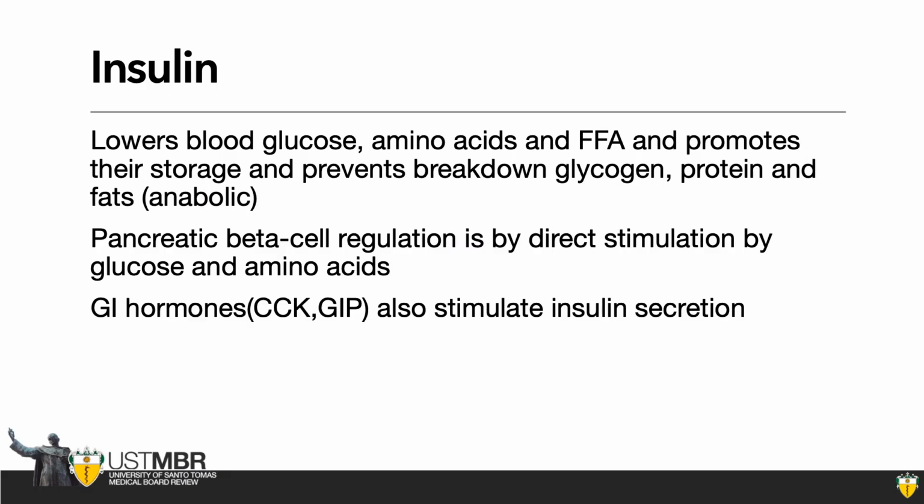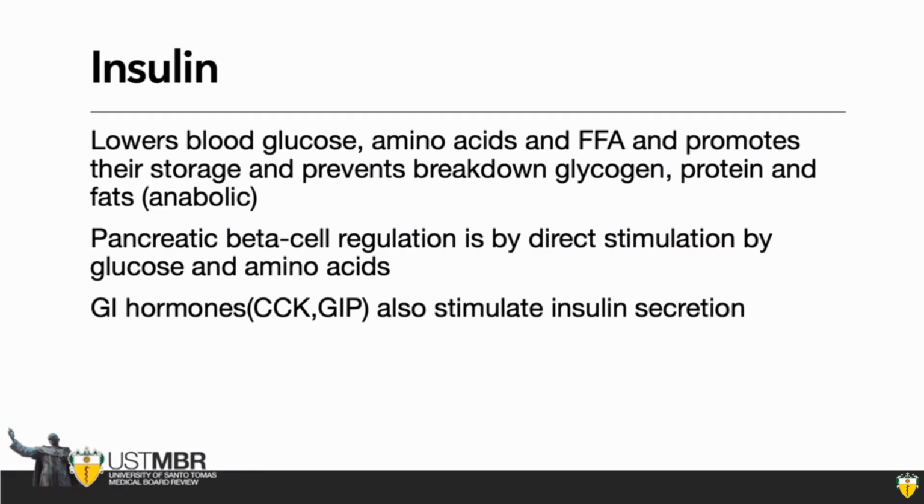Insulin primarily causes glucose to move intracellularly to be a source of energy. However, it also lowers amino acids and free fatty acids. So that's why in patients with insulin deficiency, type 1, type 2, there's increased circulating free fatty acids. Diabetes in general is not just a disease of carbohydrate metabolism, it's also a disease of protein and fat metabolism.